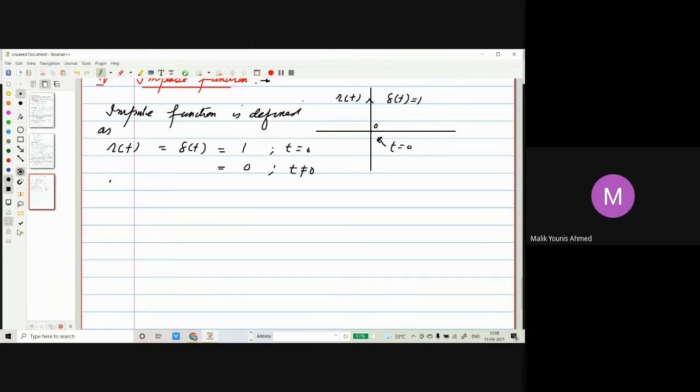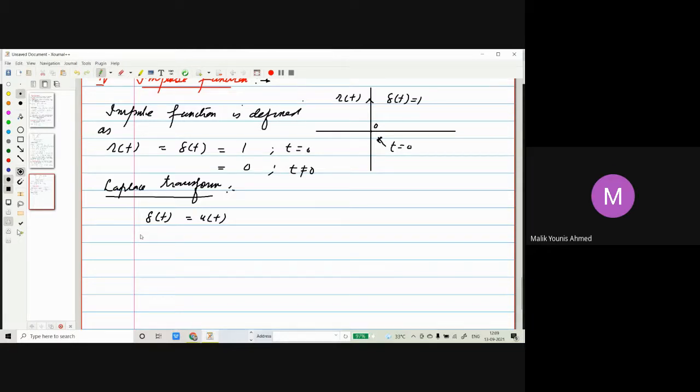Let's talk about the Laplace transform. I think I have explained this and we have derived it in network analysis. But for your information, delta t is the derivative of u of t, which is valid at t equal to 0.